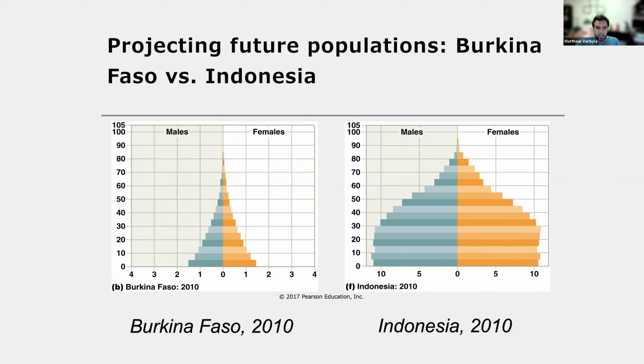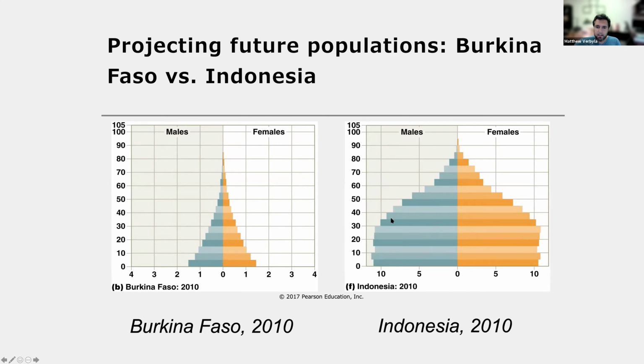All right, as we see the change from 1950 to 2010, you can see the differences in Indonesia versus Burkina Faso. So Burkina Faso still looks very much triangular, characterized by larger families, so a larger ratio of children to adults, lower life expectancy, and a high population growth rate, with also a higher death rate.